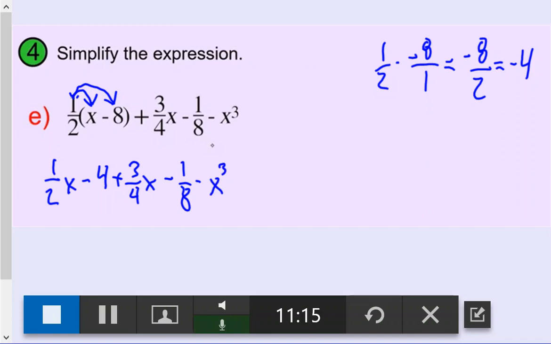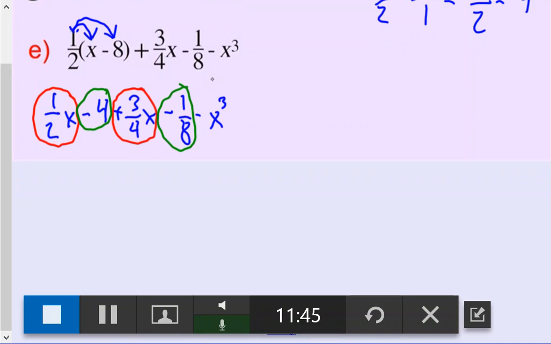Now we can go back through, look for some like terms, and we have this 1/2 x plus 3/4 x, and then we also have the like terms of -4 and minus 1/8, and then this minus x cubed, or x to the 3rd power, does not have any like terms. Alright, let's combine these like terms. So we have 1/2 x plus 3/4 x.